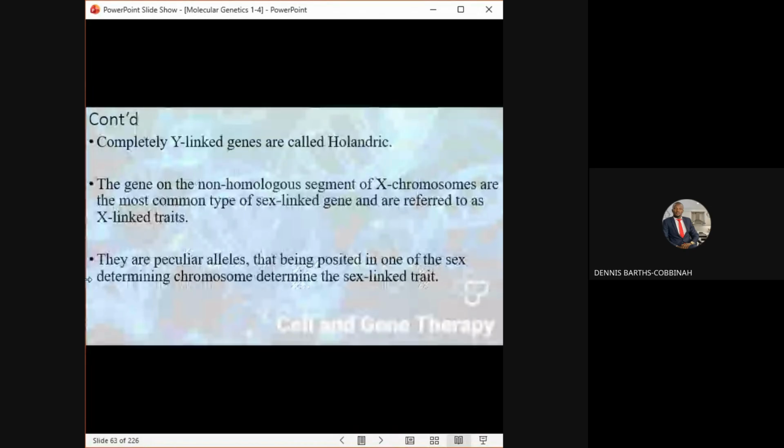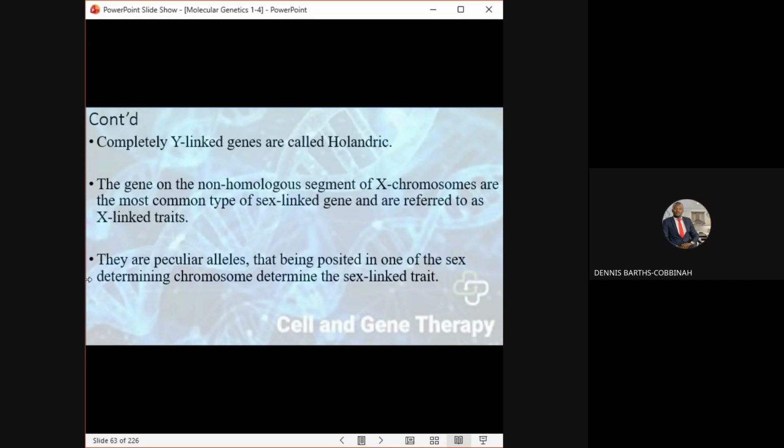Okay. So completely Y-linked genes are also called holandric. If you have certain genes that are present on the Y chromosome and not present on the X chromosome, such a gene is called holandric.